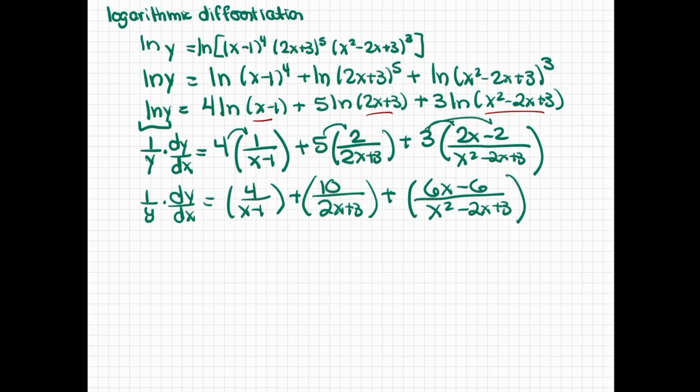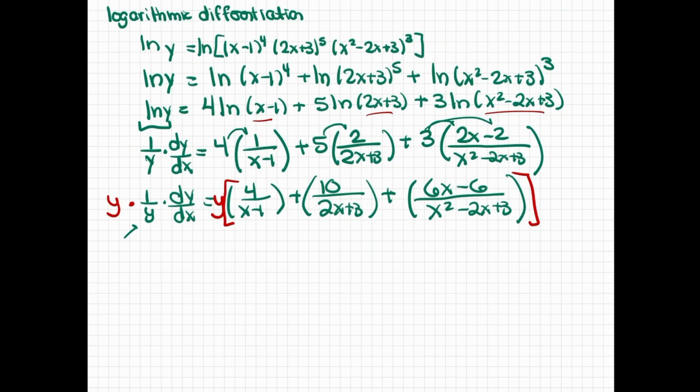Okay. So now let's move this y so that we are isolating the dy dx. And to do that, we are going to multiply both sides by y. And I'm going to put that y in the front because I know that that's where it ultimately is going to need to go, is in the front.